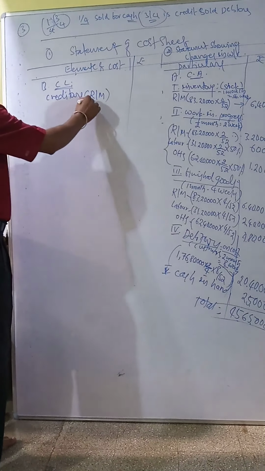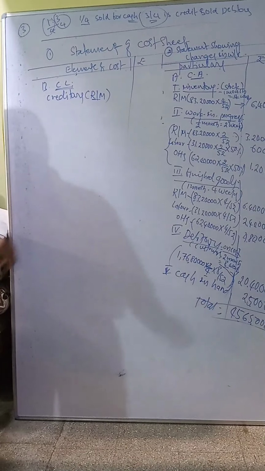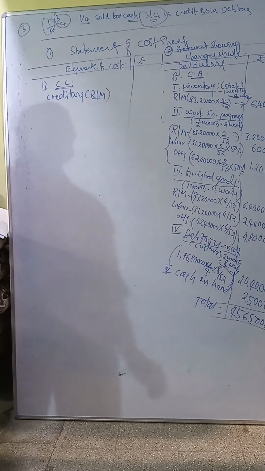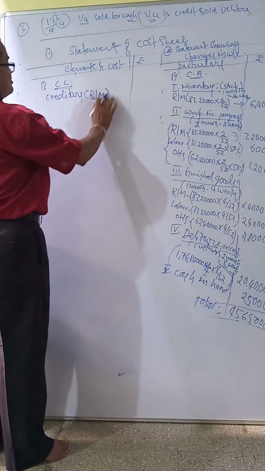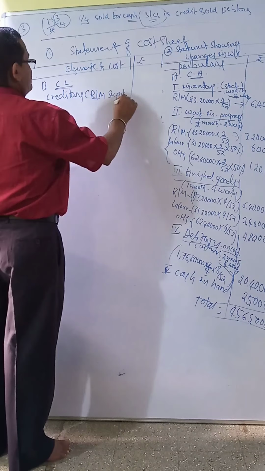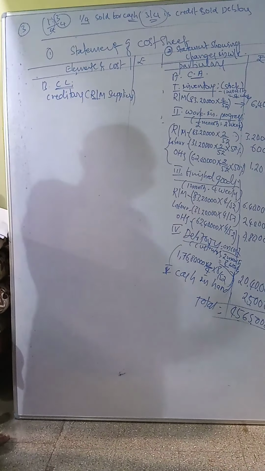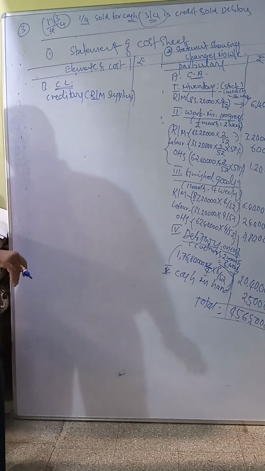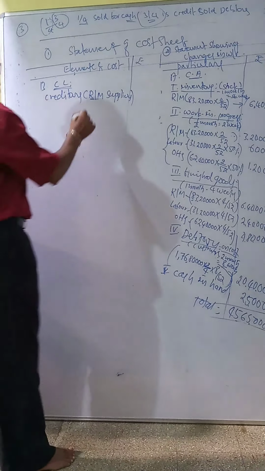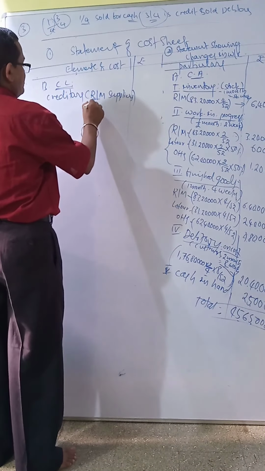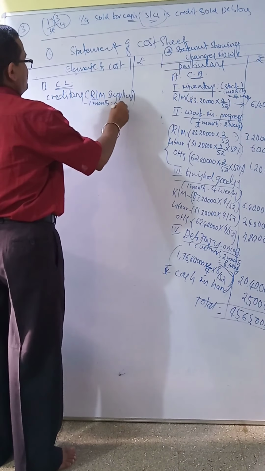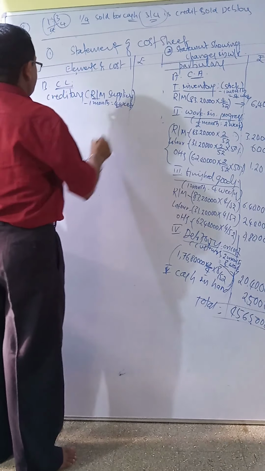In the question they gave credit allowed by the supplier. Raw material supplier means credit to supply raw material to our company is allowed 1 month. 1 month has to be converted into 4 weeks.